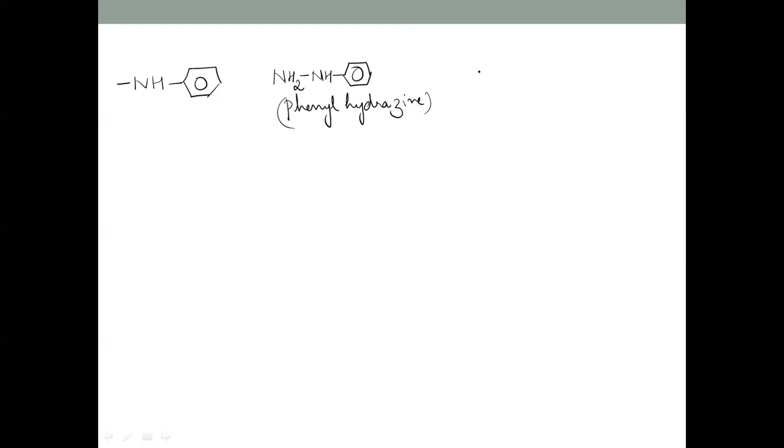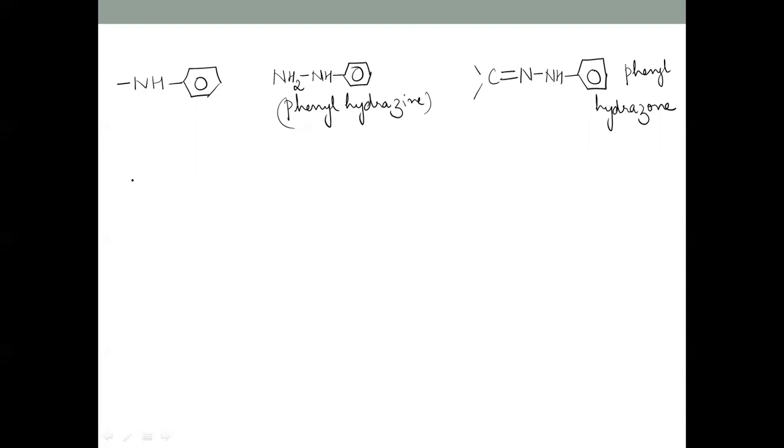So what is the derivative which is formed here? C double bond N, and instead of Z I am writing NH with this group. The product is called phenyl hydrazone.